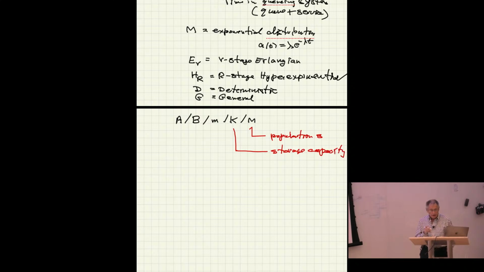Usually that includes the guy in service. So how many can there be in the entire queuing system? If you can only hold 5 people and the 6th person tries to arrive, they can't come in. And this is how many servers there are. Maybe there's more than one clerk in the store that's serving you.